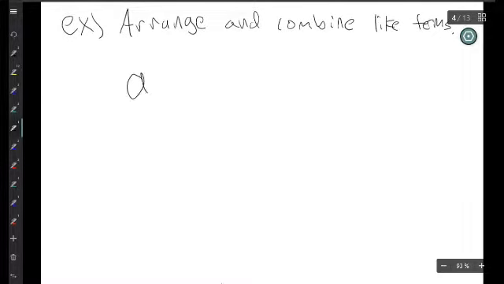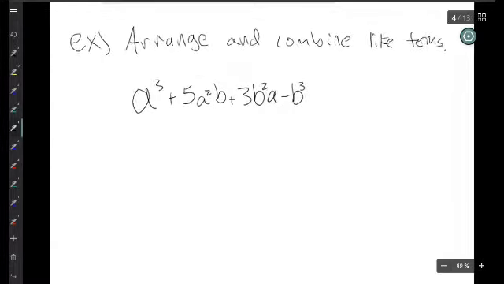And we have a cubed plus 5a squared b plus 3b squared a minus b cubed plus 7a squared b minus 8b squared a minus 2a cubed.